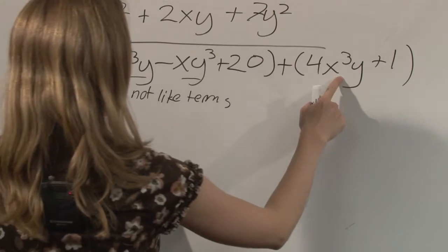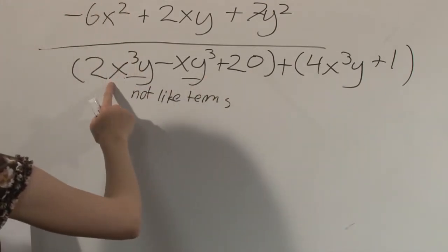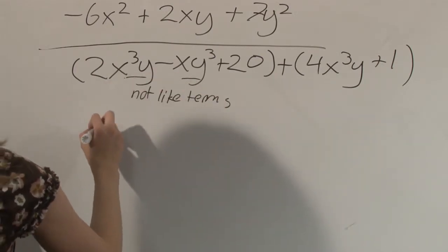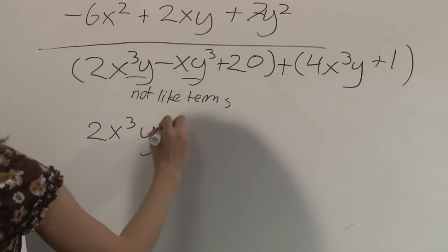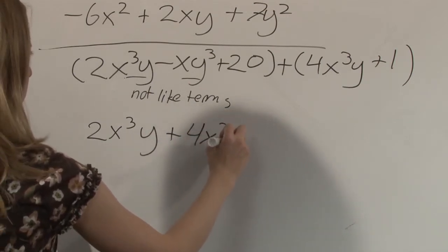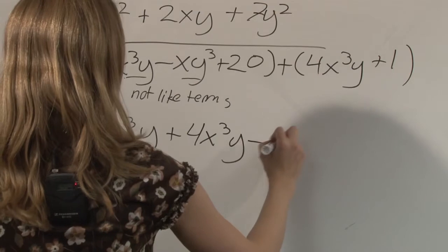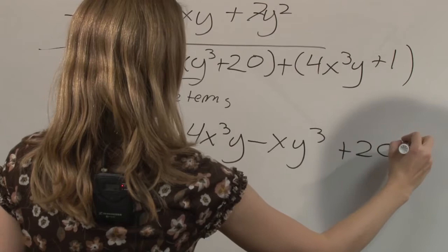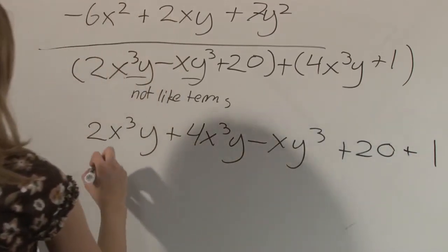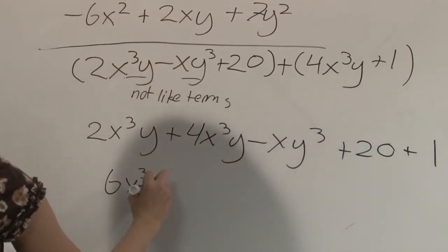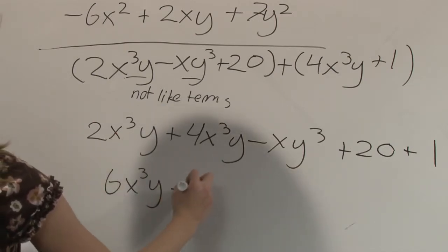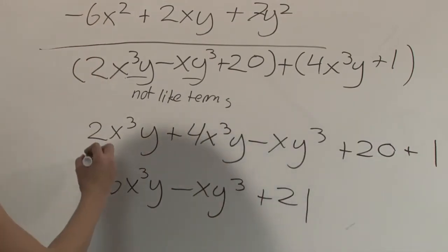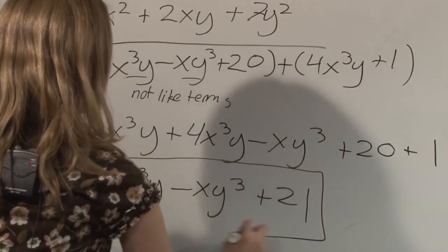But this and this have the same kind of term with that x cubed y. So I can add those two together. I'm just moving the like terms next to each other. The xy cubed is on its own, and then I have 20 and plus 1, which are like terms as well. So combine those two and leave that one alone. And this would be my final answer. That's as far as I can simplify that.